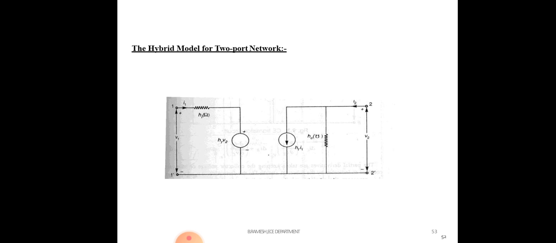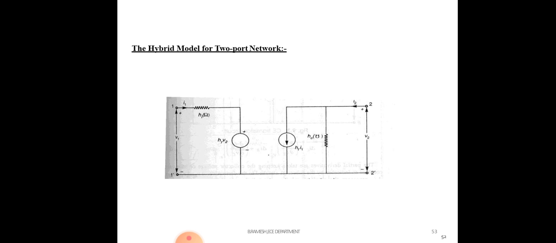V2 is the output voltage, which we write as VCE, the voltage between collector and emitter. Then Hi becomes Hie for the CE configuration. The third letter represents the configuration, and the second letter represents the parameter.